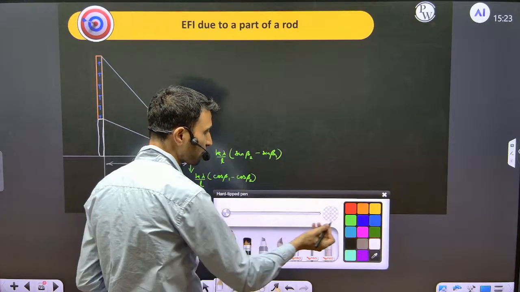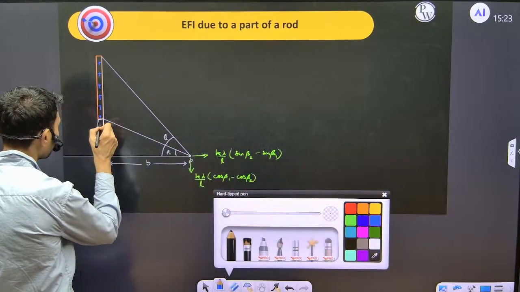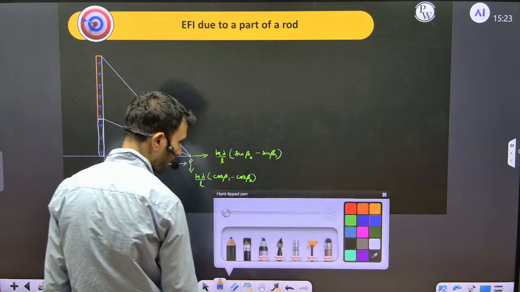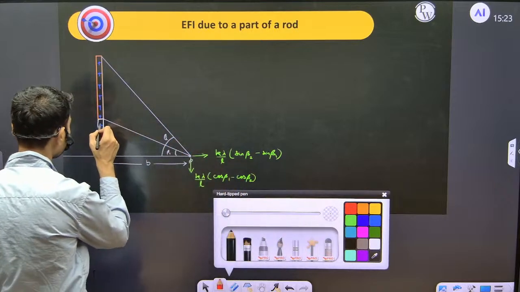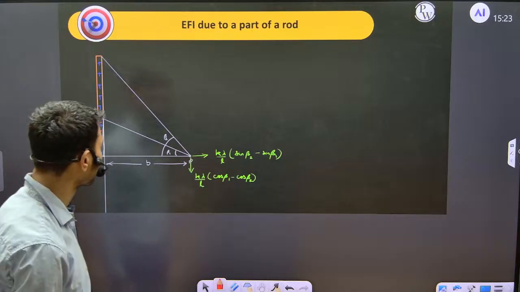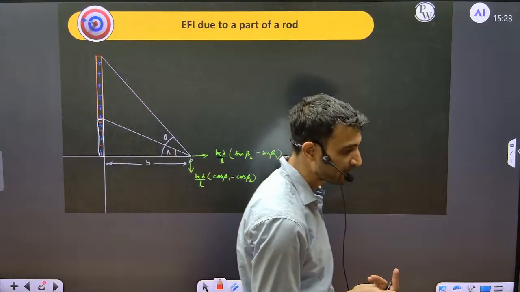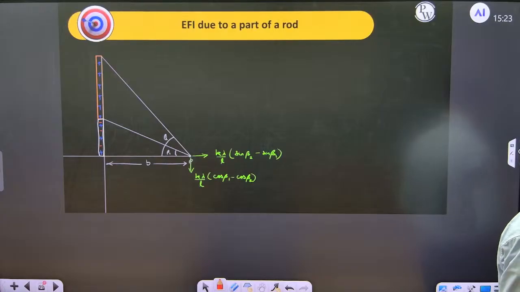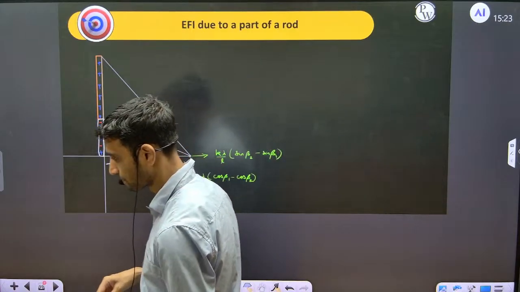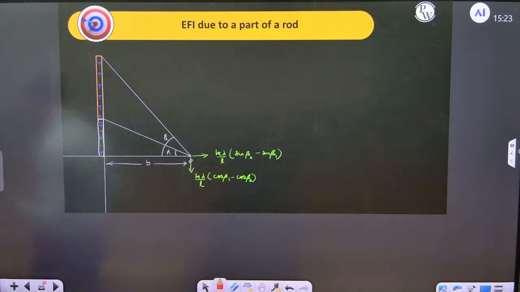That can be assumed to be made up of plus charge and minus charge, right? So together plus and minus will make it neutral, that means no charge, and that's what we wanted. We wanted no charge, and there is no charge here. So let us find out the electric field due to this.